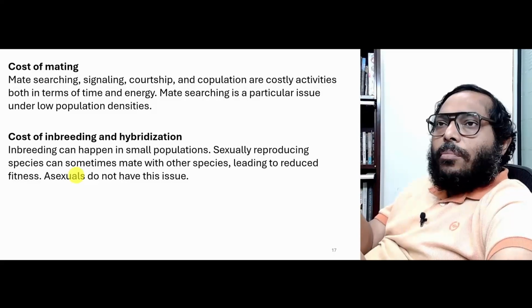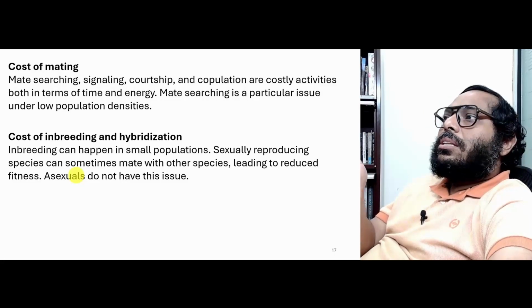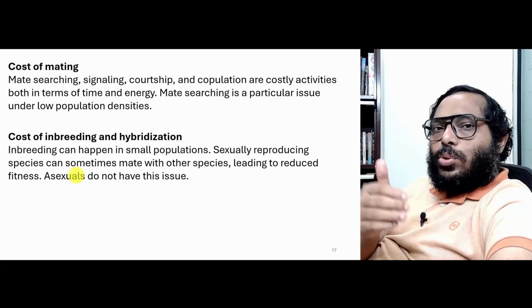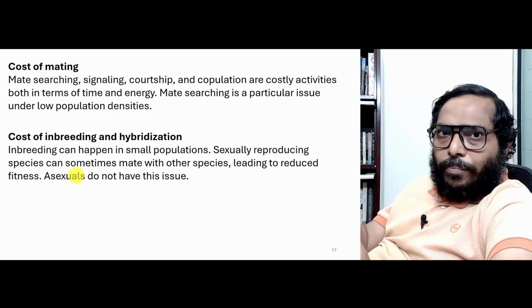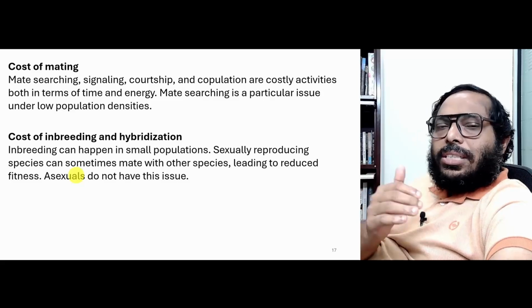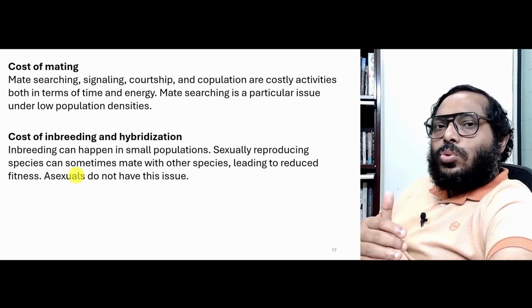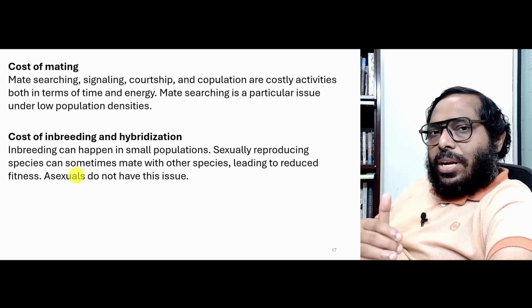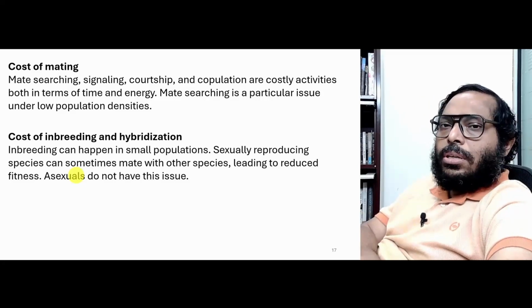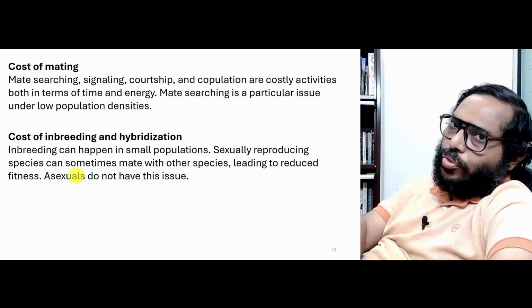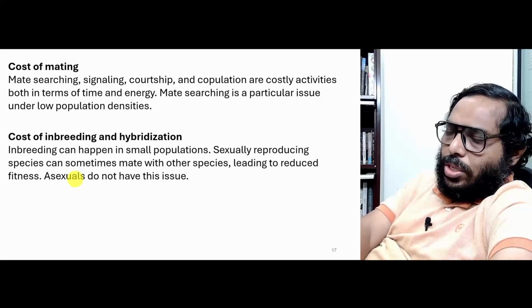When the offspring are formed, in many cases they have either reduced survivorship or they are not able to reproduce, and so on. So, all these situations lead to reduced fitness amongst the sexuals. Asexuals, as usual, do not really care. They do not have to pay this cost.